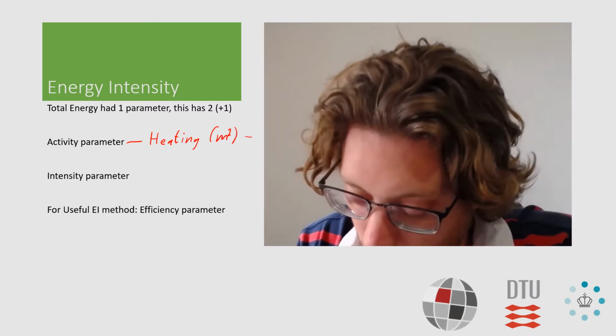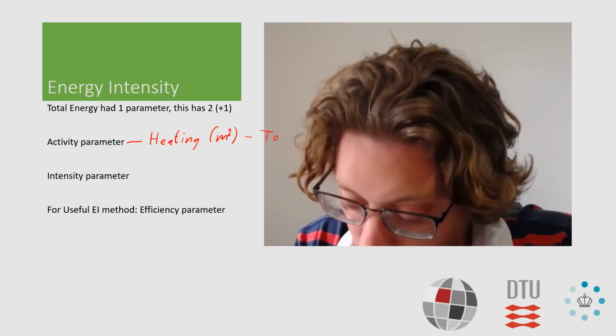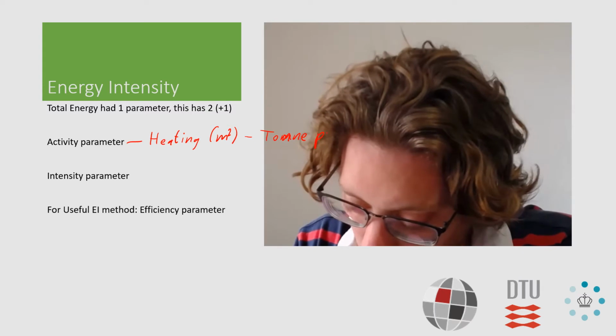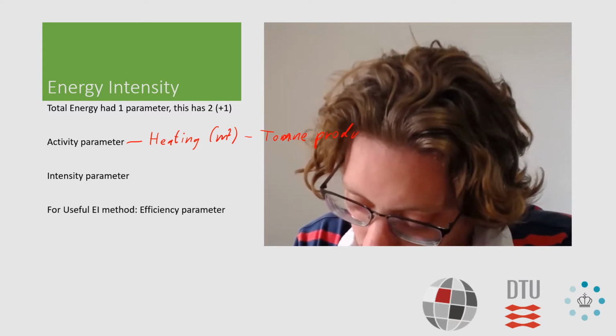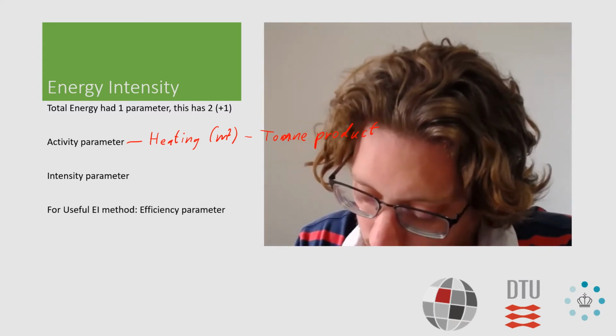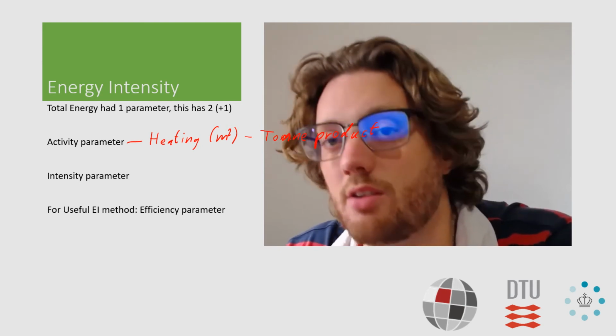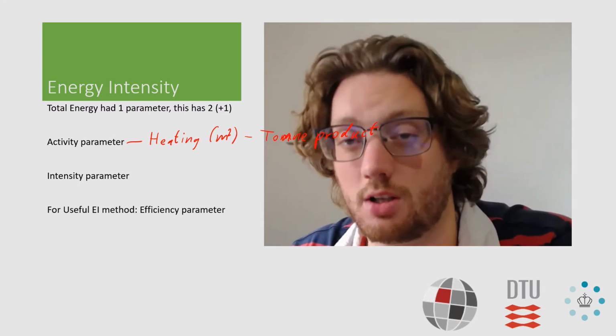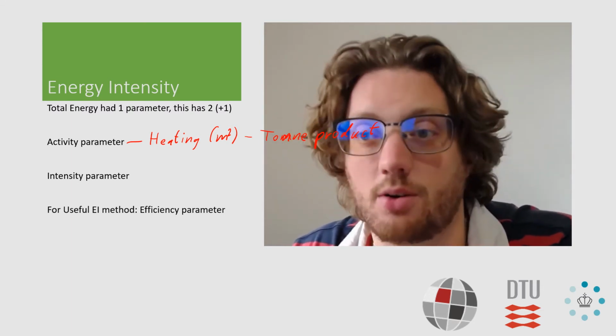It could be tons of production that you're trying to fulfill, that you need to produce, and so on. And that's generally how we define activity. It can be quite free. You define that yourself, depending totally on where you are in your model.